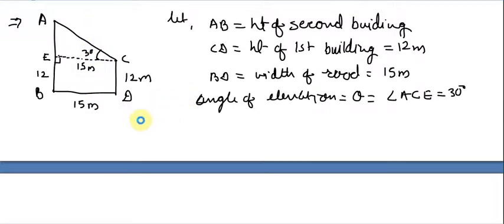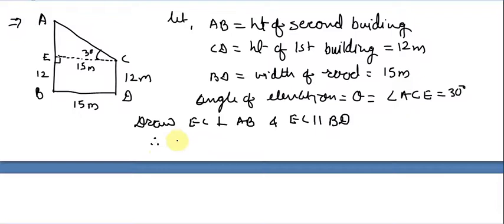So let's draw EC perpendicular to AB and EC parallel to BD. Therefore, this quadrilateral BDCE is a rectangle.